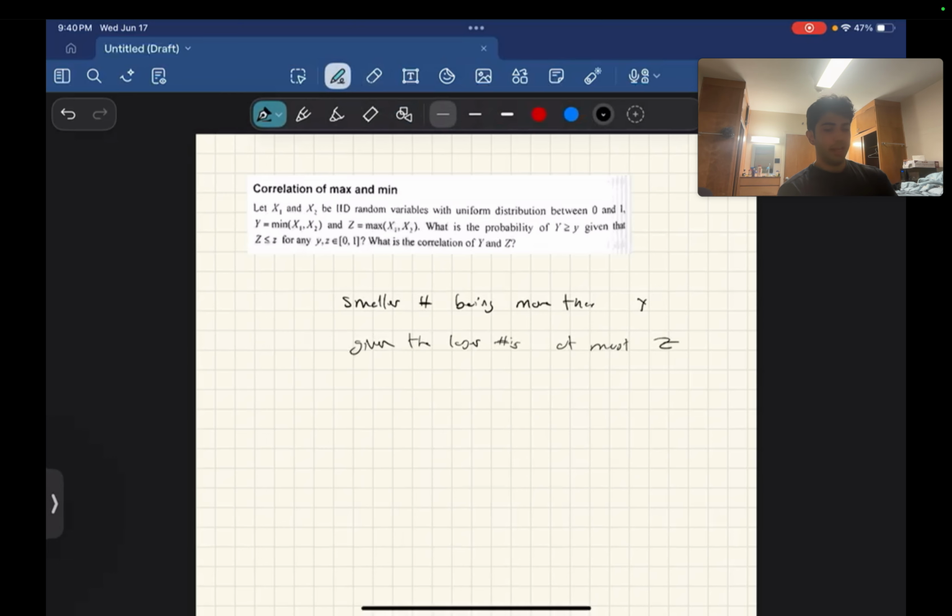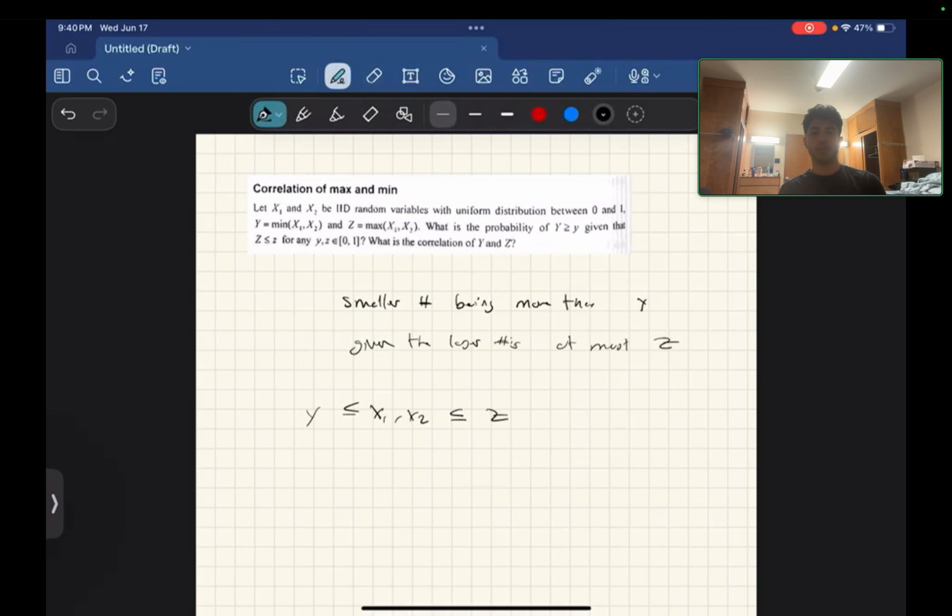So if the smaller number is more than y, given the larger number is at most z, then x1 and x2 are both falling in between y and z. X1 and x2 will be at least y and at most z.